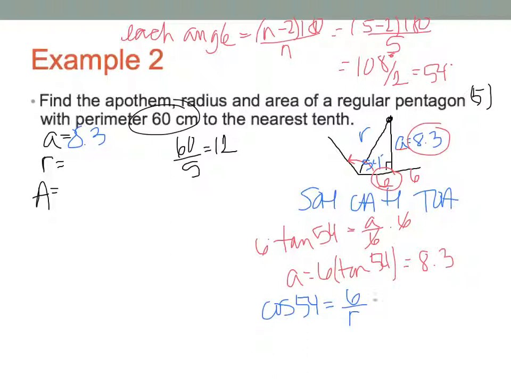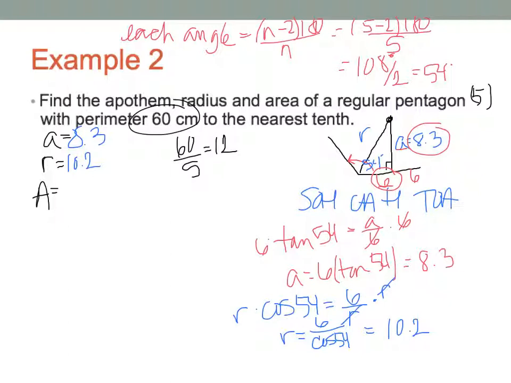Let's solve for r. Multiply both sides by r. And now I'm going to divide everything by cosine of 54 to isolate r. So now I have 6 over cosine of 54. I just isolated my r. And you plug that all in your calculator and you'll get r equals 10.2. Okay, so the radius is 10.2.